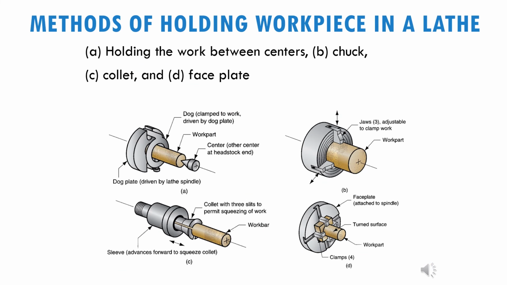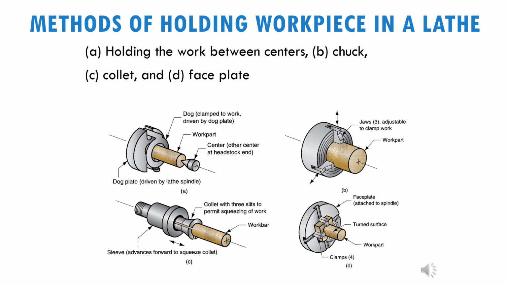Now let's see how the material is being held on the lathe machine. So there are four examples of the most common ones that are used to hold the workpiece on the lathe machine. Okay, so the first one is holding the work between centers. So the centers consist of the dog, which is the device to clamp the work, which is driven by the dog plate.